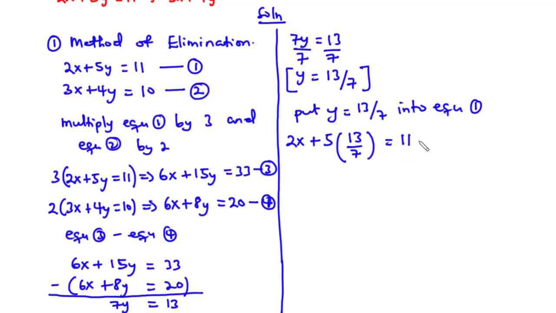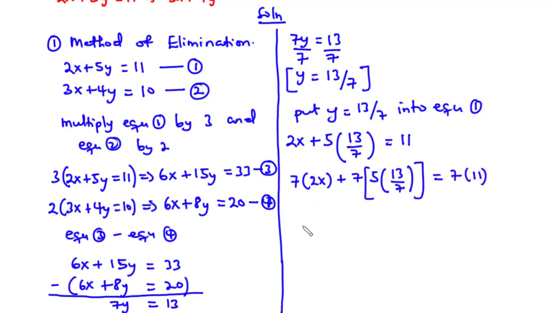So we can multiply each of the terms in this equation by 7 so that we can do away with the fraction. So this becomes 7 times 2x plus 7 times 5 times 13 over 7 equals 7 times 11. 7 times 2x is 14x. 7 cancels out 7. 5 times 13 is 65, equals 7 times 11 is 77.